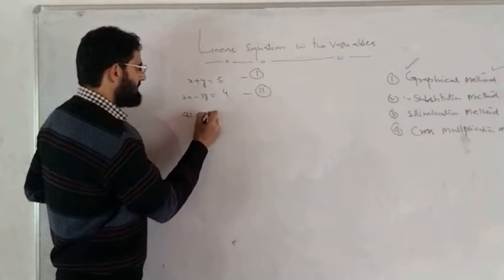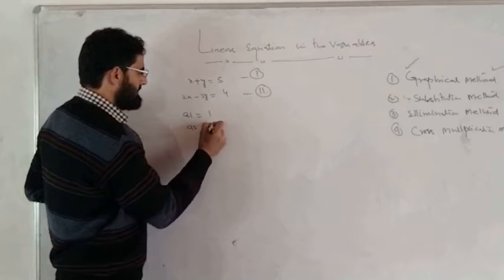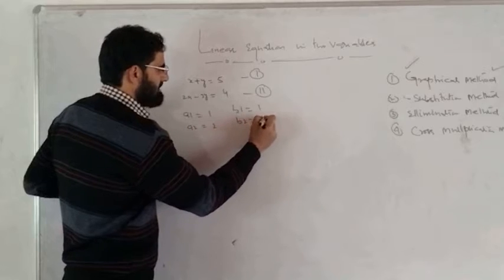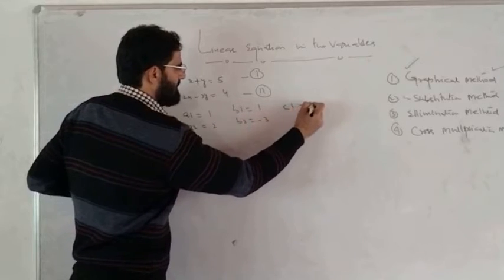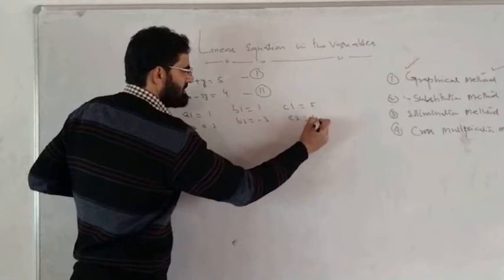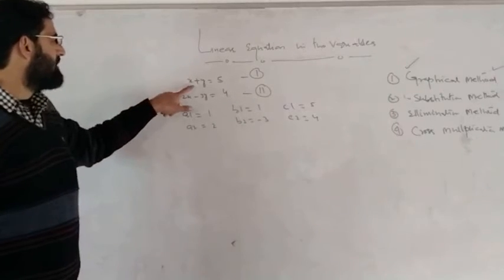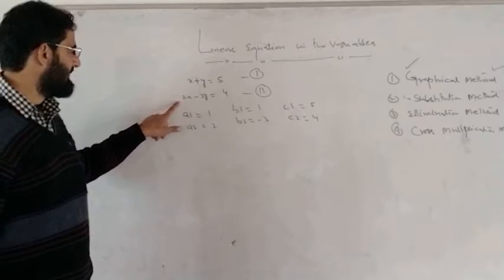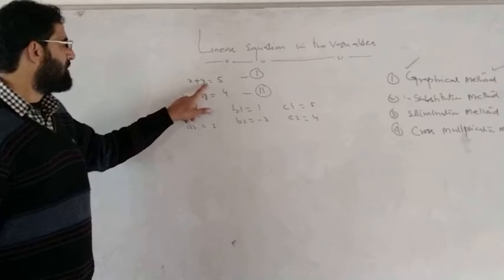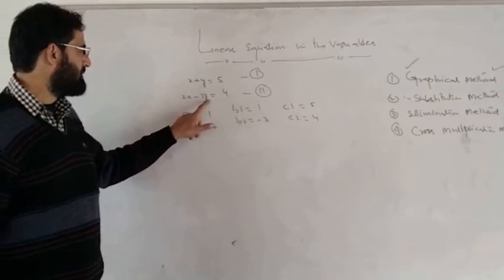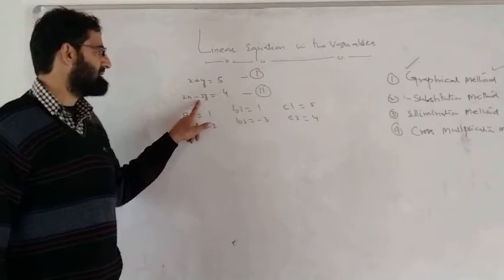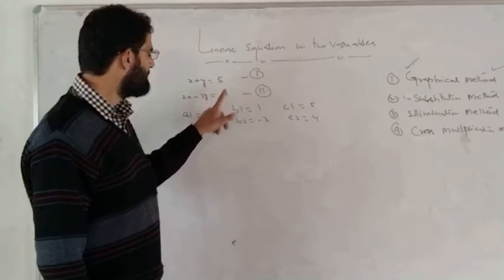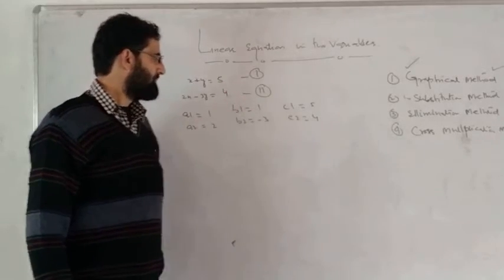Here a1 is 1 and a2 is 2, b1 is 1, b2 is minus 3, c1 is 5, c2 is 4. a1 is the coefficient of the first x, that's 1, and a2 is the coefficient of the second x, that's 2. b1 is the coefficient of the first y, that's 1, and b2 is the coefficient of the second y, that's minus 3. c1 is the constant term of the first equation, that is 5, and c2 is 4.